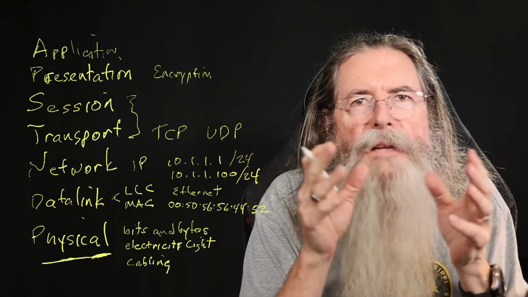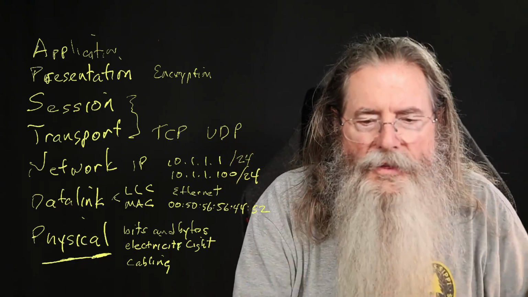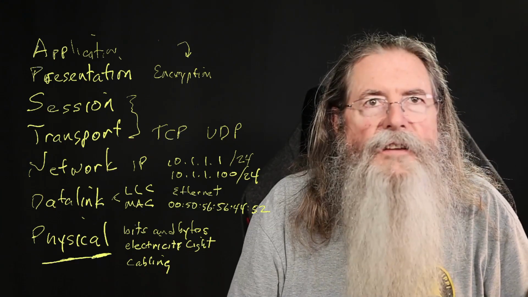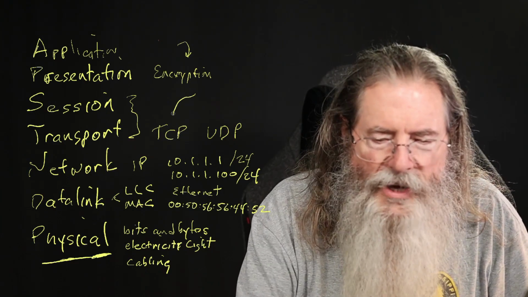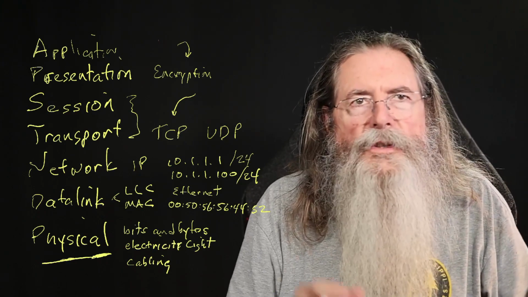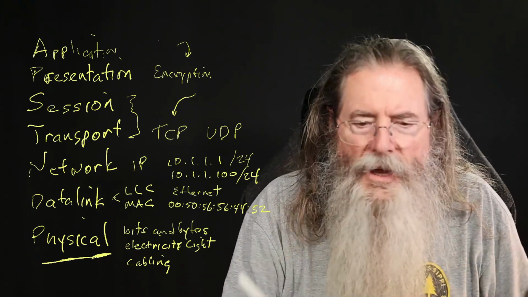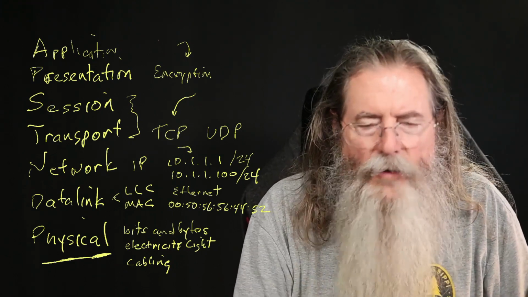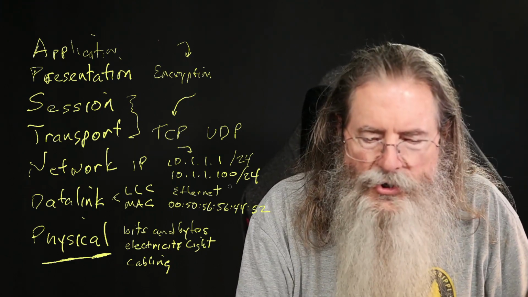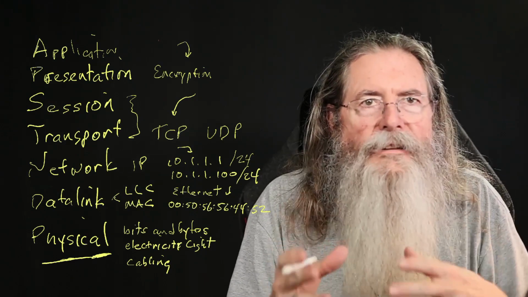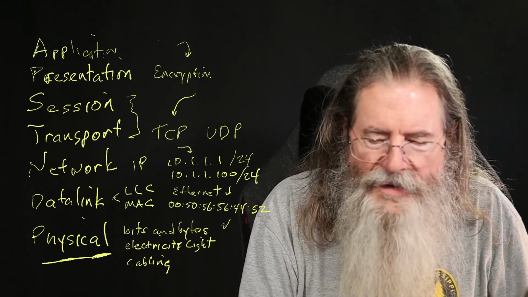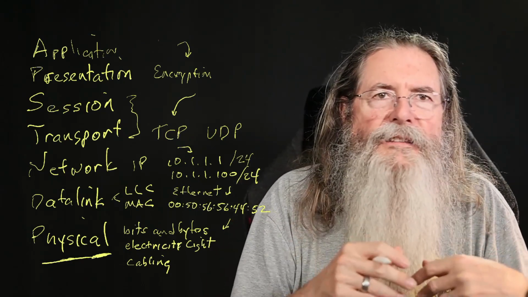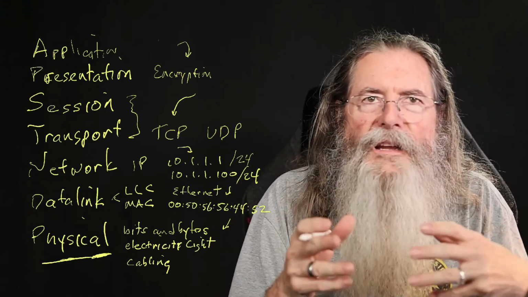All these are application layer protocols that send instruction to the presentation layer, choosing which transport layer to establish the session, identifying source and destination IP address for the transmission, choosing to use the local Ethernet protocol, and transmitting the bits and bytes for that network to take place on the physical medium.